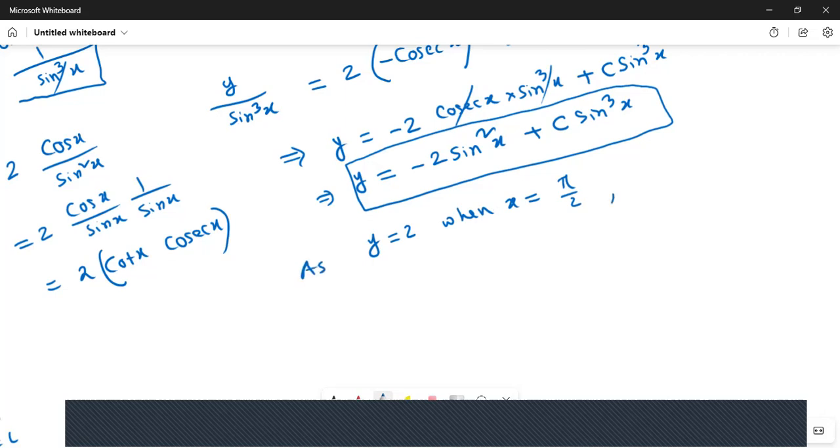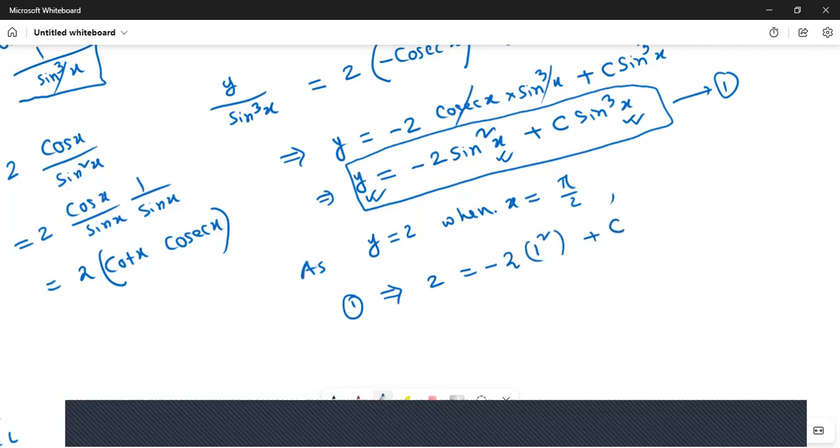So as this happens, then from 1 we will write y is 2, and x is pi by 2. So directly also you can write sine pi by 2 is how much? 1, right? So 1 square.